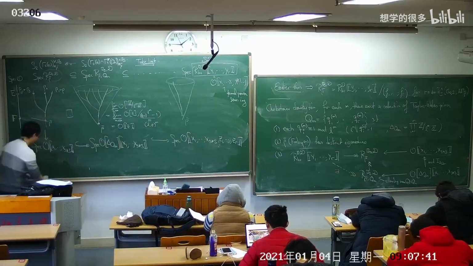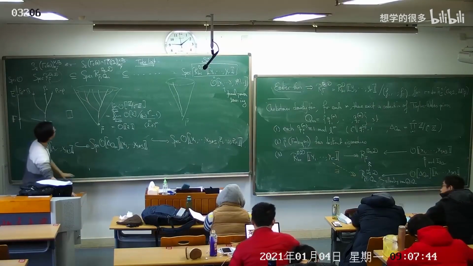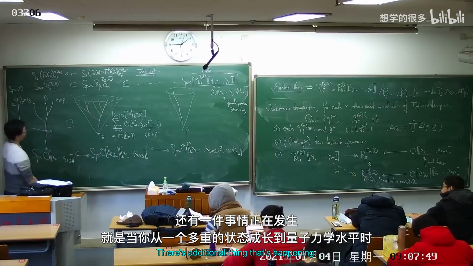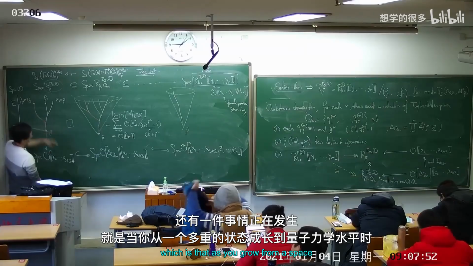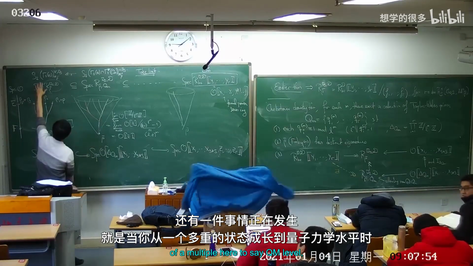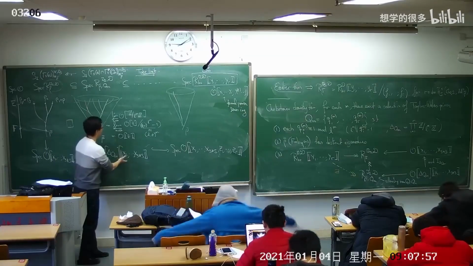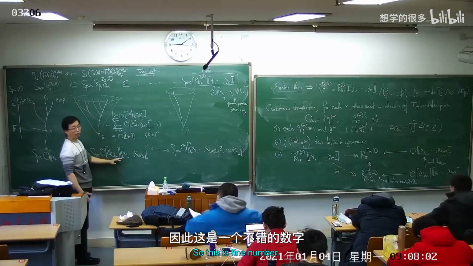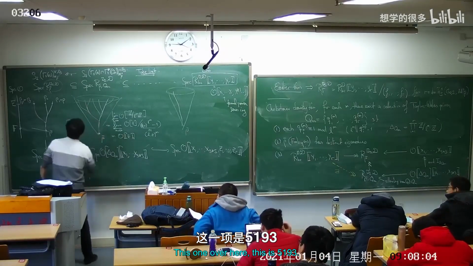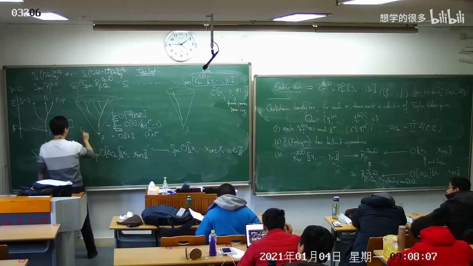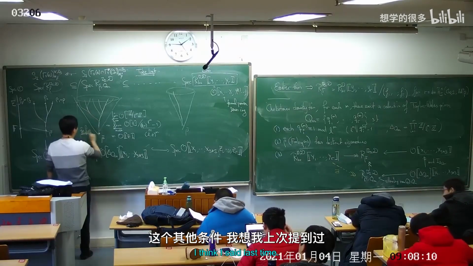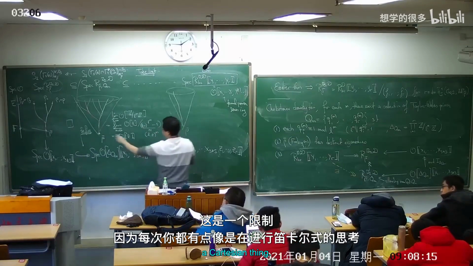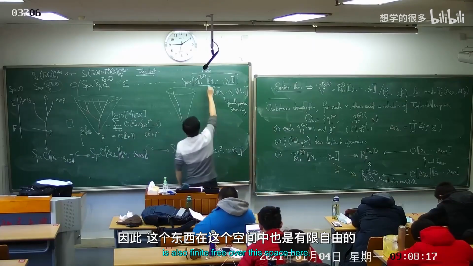There's an additional thing happening: as you grow from the space of modular forms here to the QM level, the space of modular forms is a finite free module over this one. This is one of the conditions I said last time. And as you take a limit, because each time you have a Cartesian thing, this is also finite free.